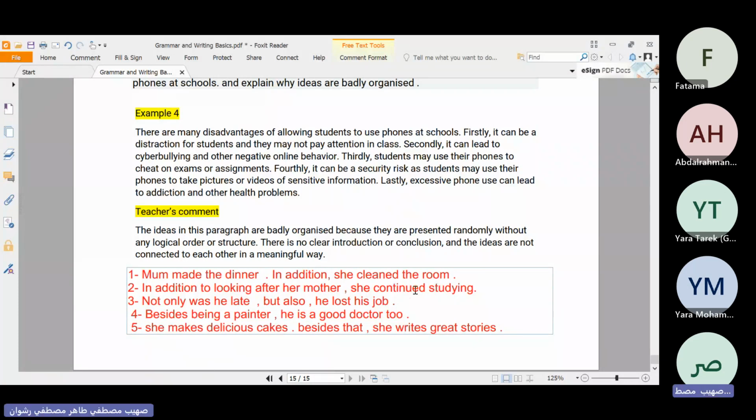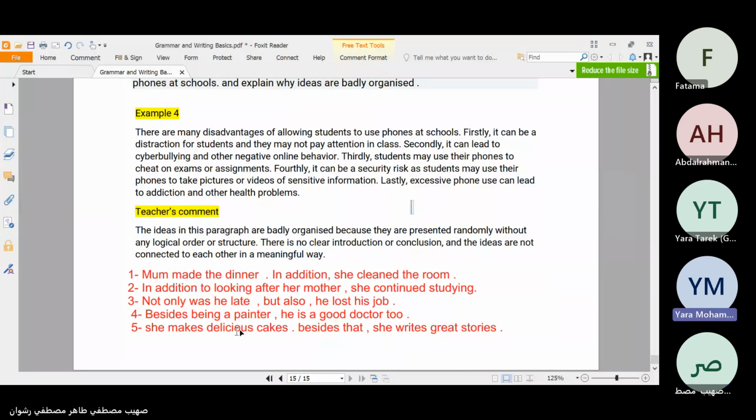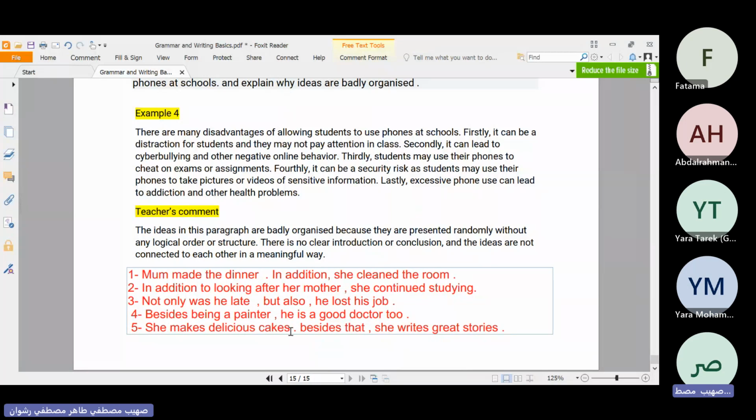Yara Muhammad. Correct the sentence if there is any error. No, just the capital letter at the beginning. The S should be capitalized, full stop, and the B for besides must be capitalized as well. Oh, yeah. Okay. Besides that, there is a comma correctly.